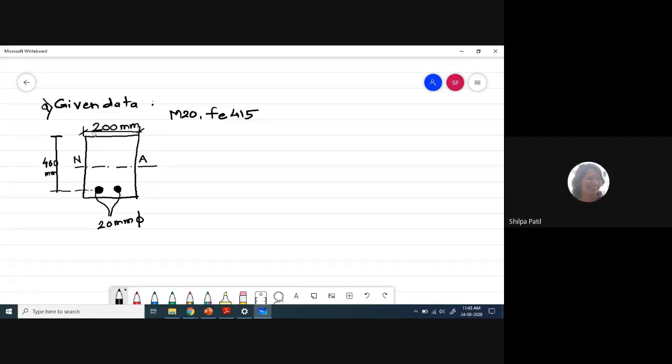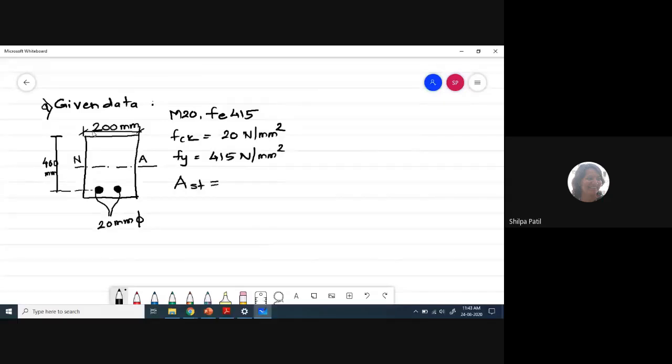So based on this data, I can write down that the fck value is given, which is 20 Newton per mm square, and the Fy value is also given, which is 415 Newton per mm square. Now the details of the reinforcing steel are also given, that there are two bars of 20 mm diameter, so I can find out the total area of the steel.